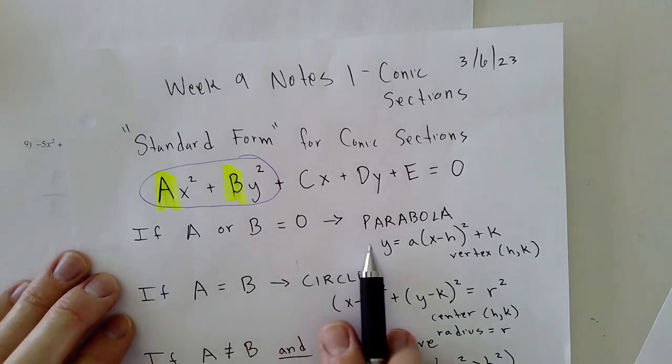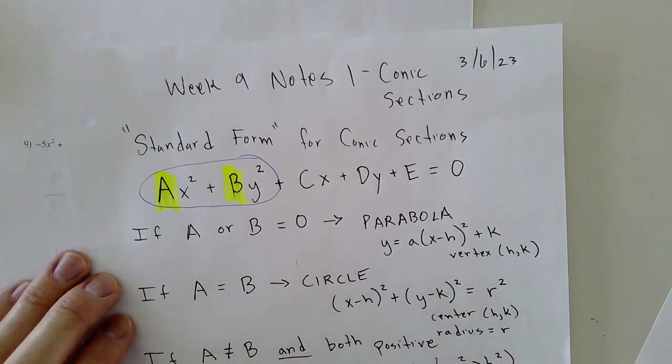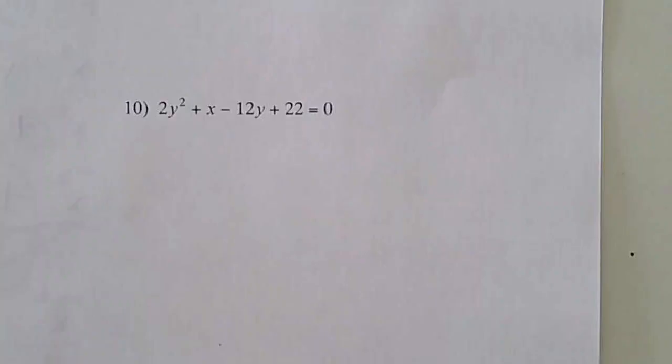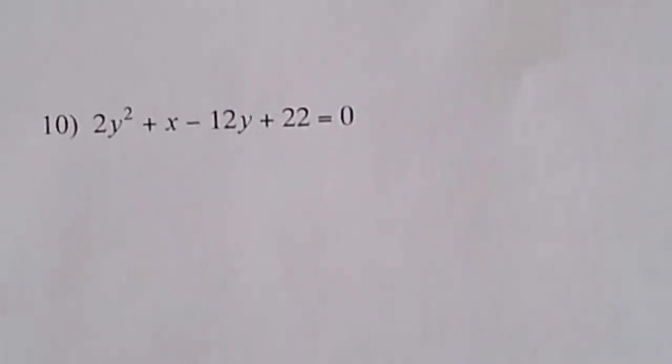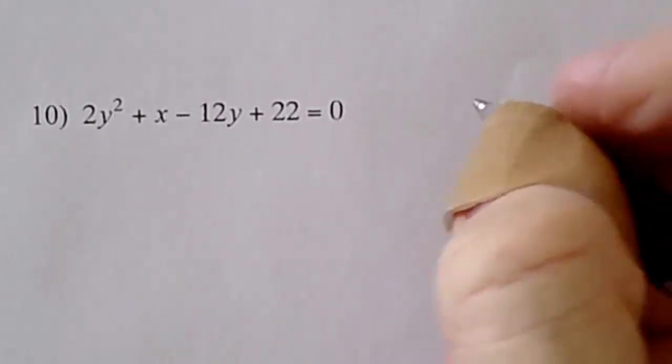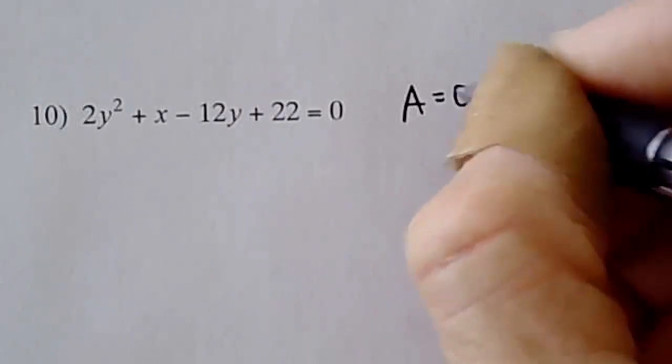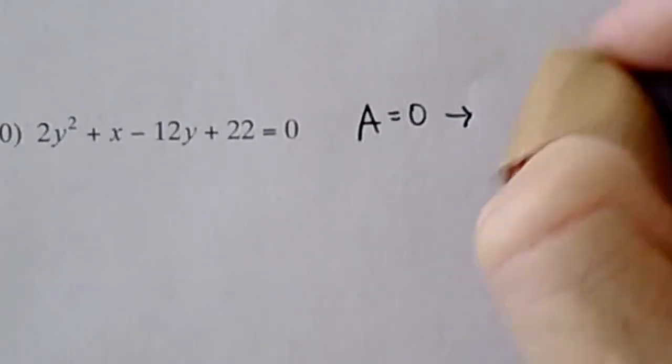So in that case, we have a parabola. One of them disappeared, therefore for number 10, we've got a parabola. And which one was 0? Well, a was 0. A equals 0, therefore we have a parabola.